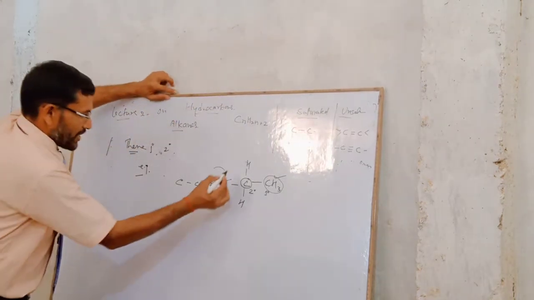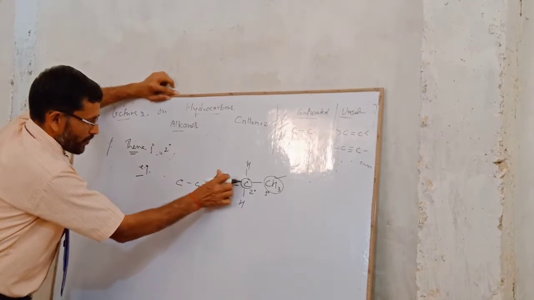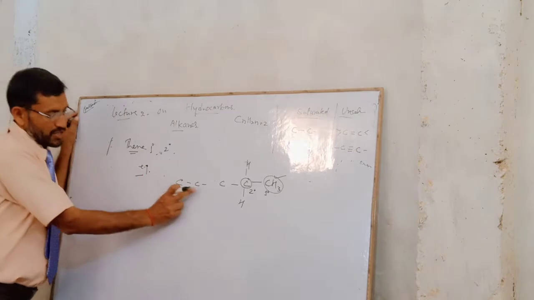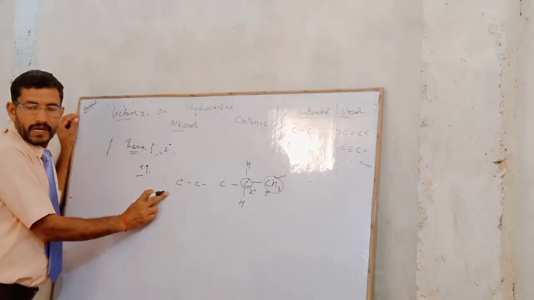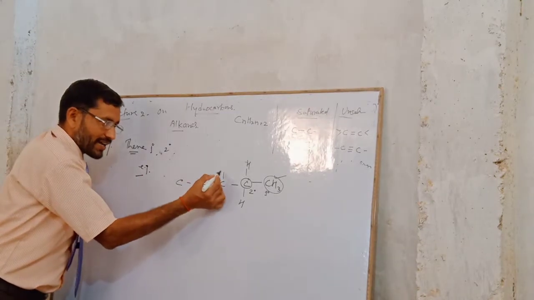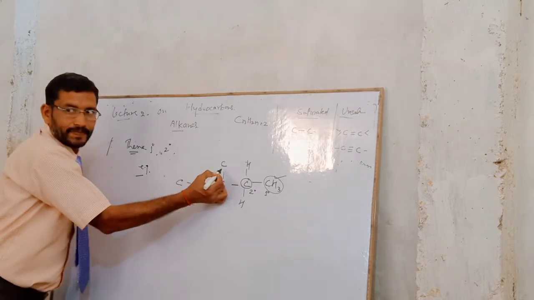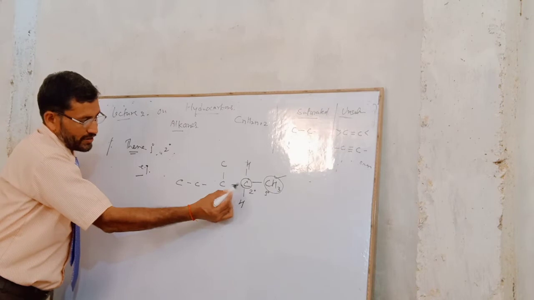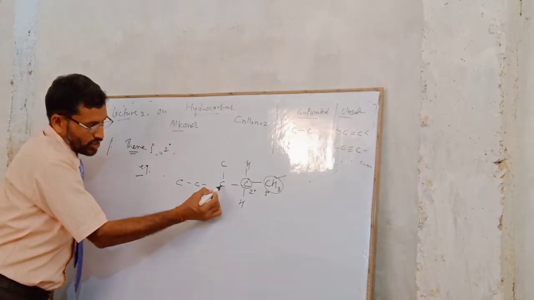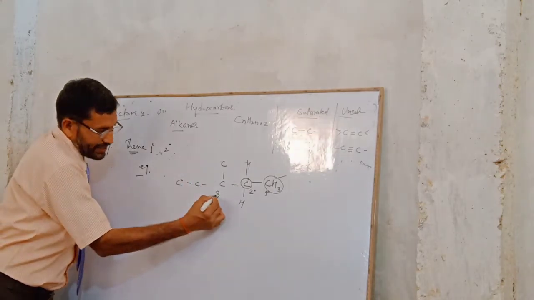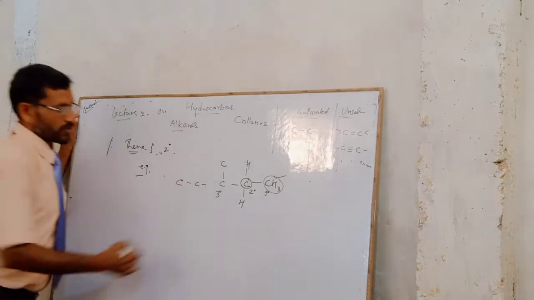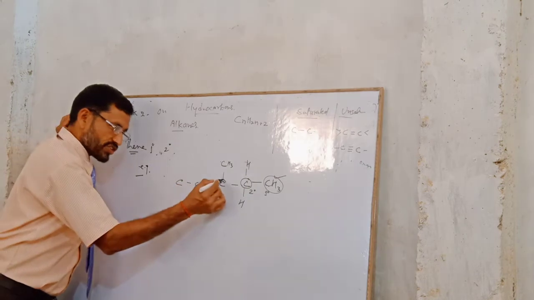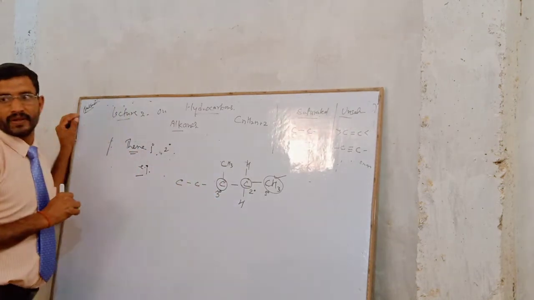So if you do branching, see here we have again carbon, here also carbon, also carbon. If this carbon is attached with another further carbon, how many carbons are on the periphery? 1, 2, 3. So this one will be the 3 degree carbon. Suppose here we have a CH3. So this carbon atom is the 3 degree.